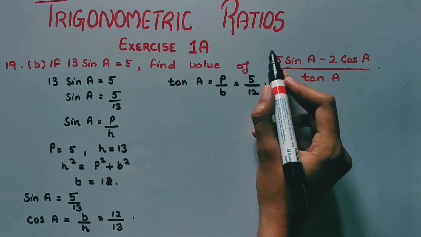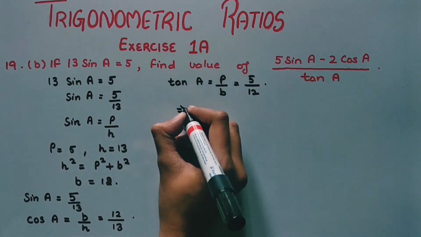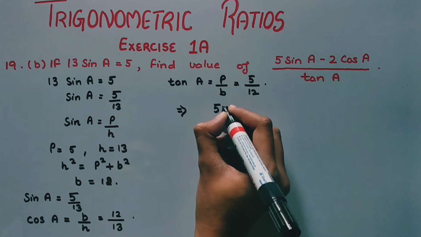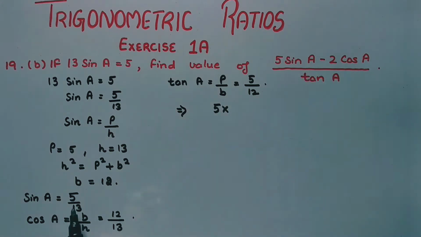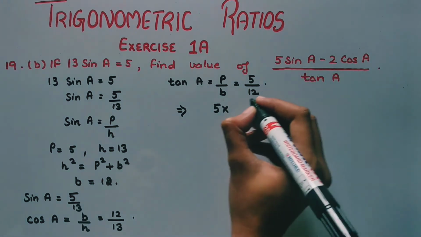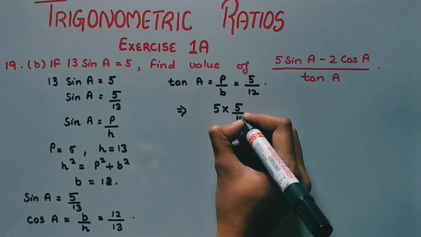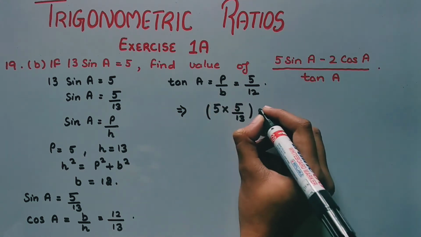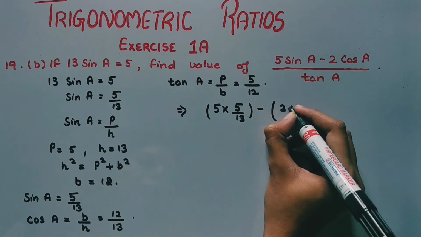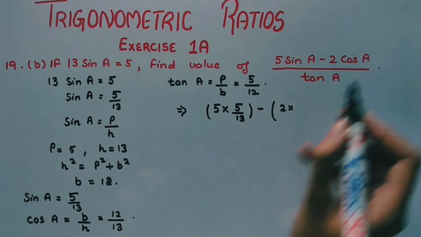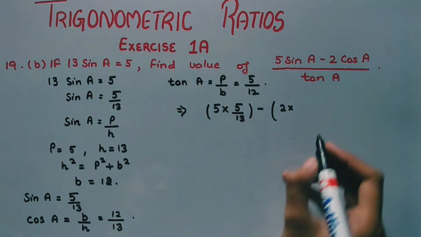Now we will put values in this equation. We have 5 multiplied by sine A. Value of sine A is 5 by 13. Minus 2 multiplied by cos A. Cos A is 12 divided by 13.